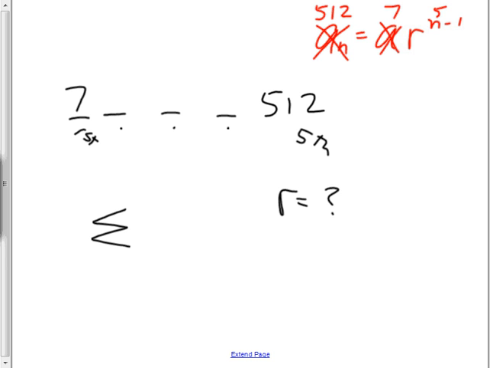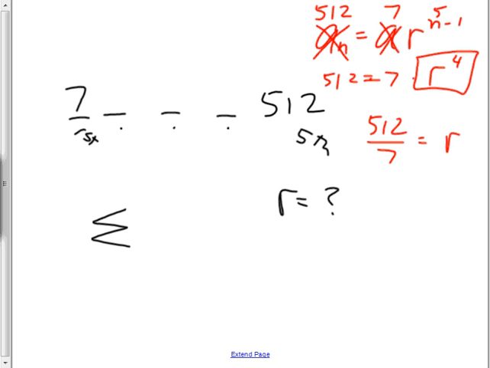Therefore, 512 equals 7 times r to the 5 minus 1, which is to the fourth. Then I would get the clump alone, so I divide by 7. Whatever 512 divided by 7 is now has to be put to the 1/4 power to finish it off.